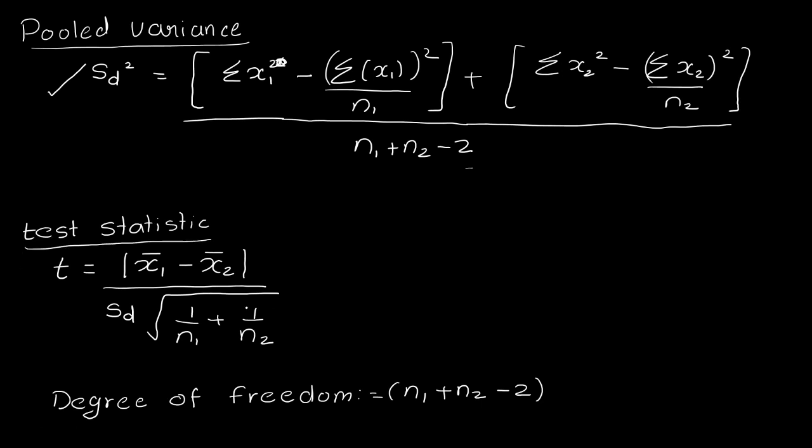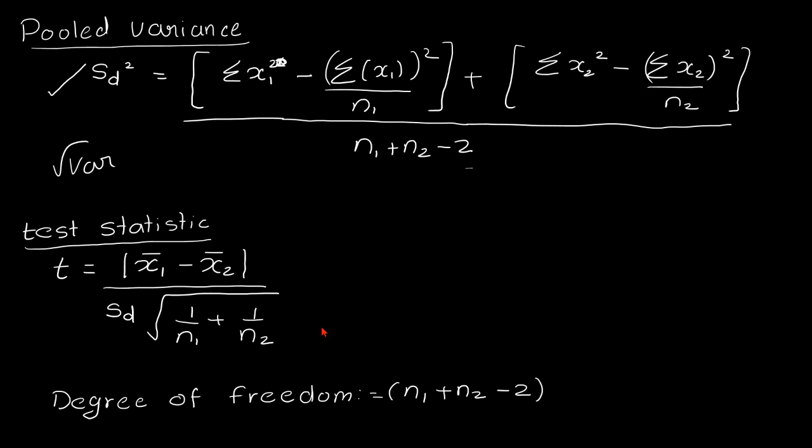The test statistic is given by t equals mod of x1 bar minus x2 bar, where x1 bar is the mean of sample 1 and x2 bar is the mean of sample 2, divided by the pooled standard deviation. sd square is the pooled variance, and the deviation is the root of the variance. Therefore the denominator is sd into root of 1 upon n1 plus 1 upon n2.